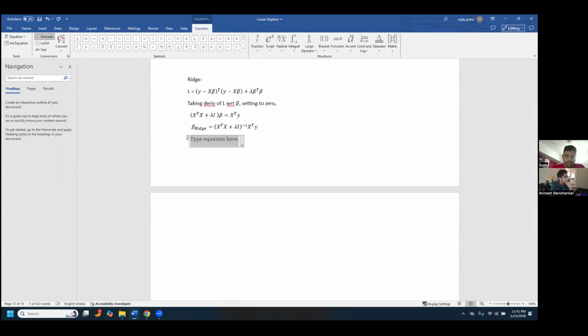Inside the parenthesis we have x transpose x plus lambda I, which I can write with Q, but instead of D squared, it will be D squared plus lambda I.